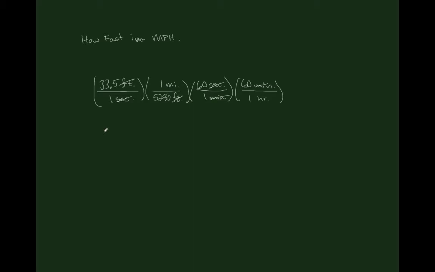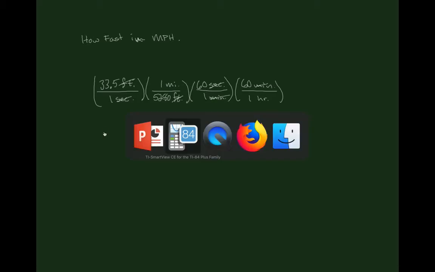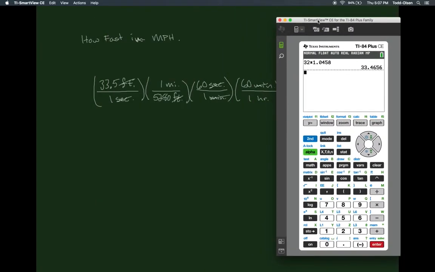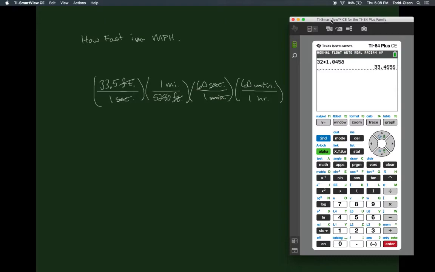And when we do this on the calculator, let's see, I'm not sure. Let me try this, see if it works. All right, there's the calculator. So I'm going to take this 33.5 and divide it by 5,280 feet. And then multiply that by 60.